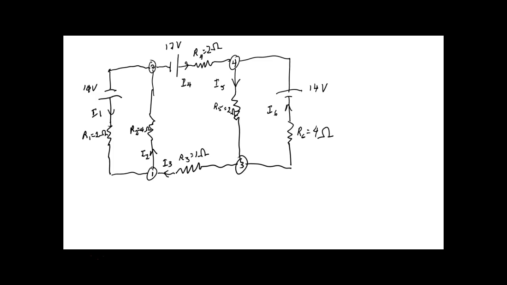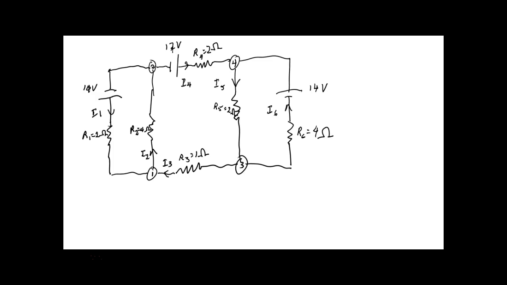Now let's see if I agree with I3. I'm not sure I agree that I3 is flowing that direction. It could be, but I'm guessing not. It has to be because on the 12-volt battery, the circuit is going that direction. Okay, this is a 17 volt. So it's really going that direction.